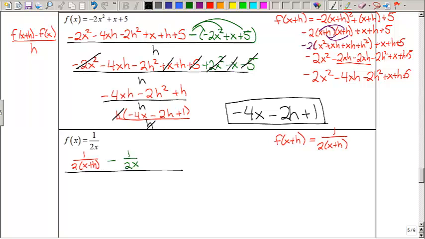All divided by h. Now I said that everything canceled out in the green, correct? Well, in this case we don't have a common denominator, so it's not very easy to see if it's going to cancel out or not. So I need to get myself a common denominator. And the common denominator between 2 times x plus h and 2x is 2x times x plus h, all the unique factors.